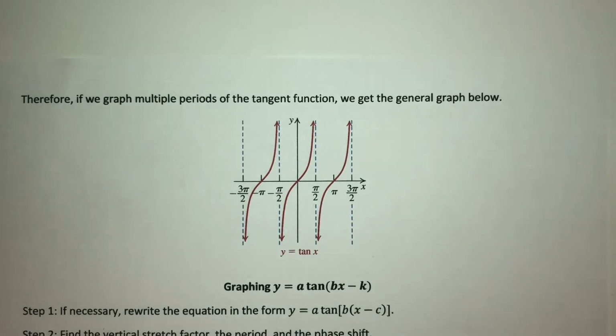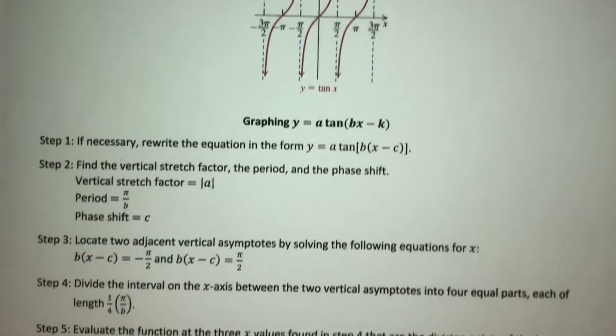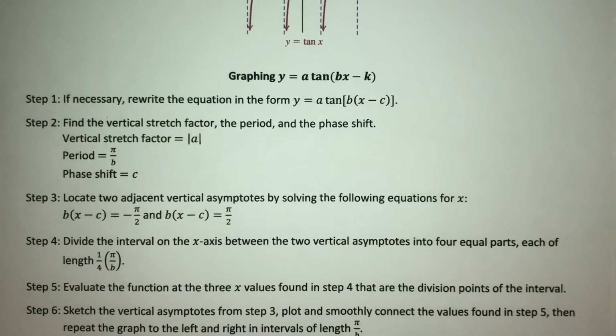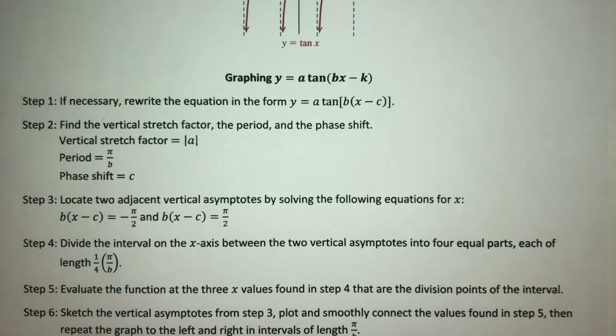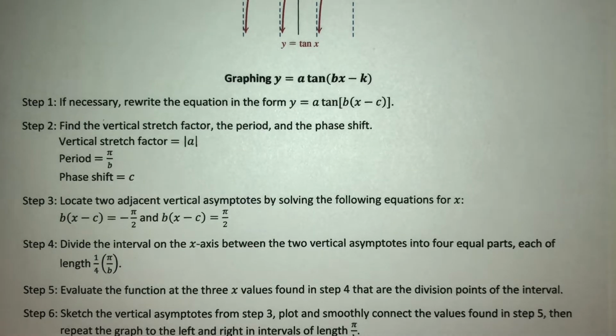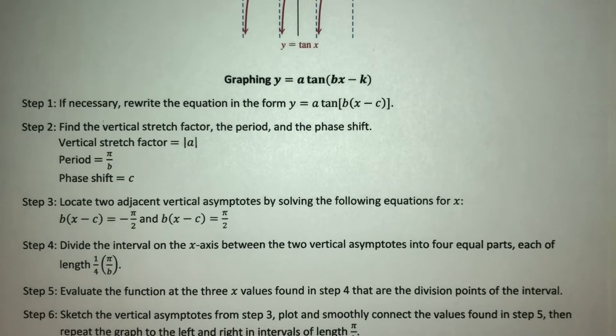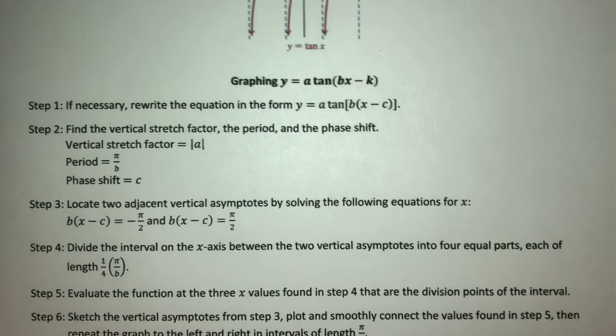Now, of course, we're going to talk about graphing things that are more complicated. Everything I'm talking about here, you can do using shifts. We know how to do vertical shifts and horizontal shifts and stretching and compressing. All of that still works, but we do have different vocabulary here.